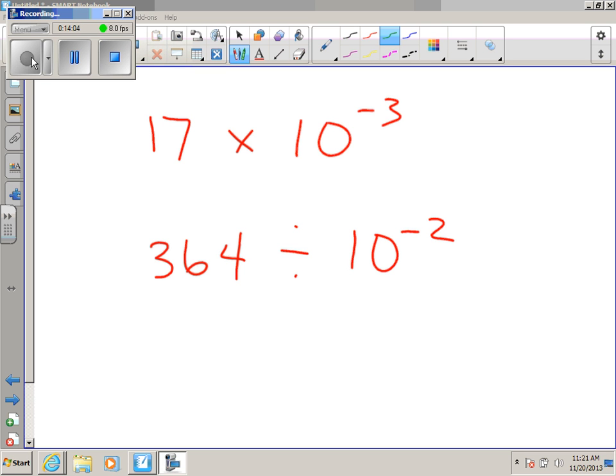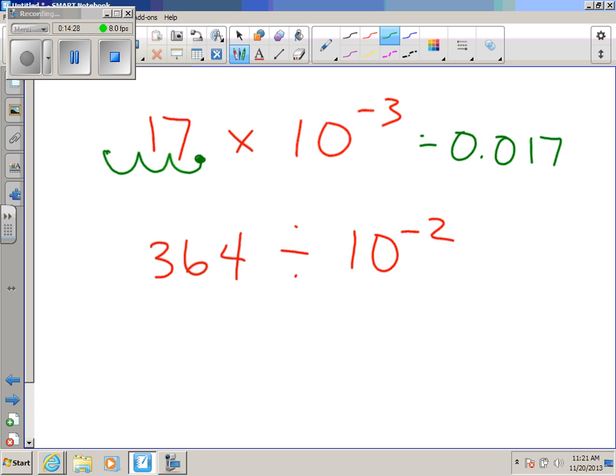However, once I get a glimpse of my power and see that it's negative, I'm not moving to the right anymore. I'm going to move to the left. How many places? So I locate my decimal. If it's not visible, that's where it is. And we go 1, 2, 3, and we should get 0.017. You need that 0. The other one you don't necessarily need. But you need the one that I put the arrow by.